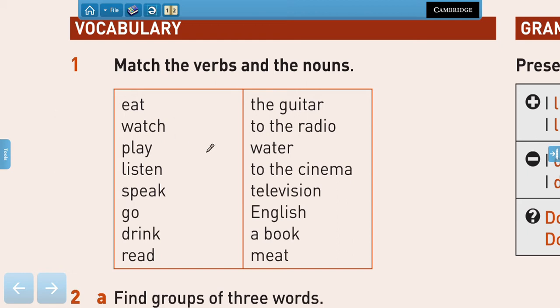So, we eat meat, watch television, play the guitar, very good, listen to the radio, speak English, go to the cinema, drink water, and read a book. Very, very good.